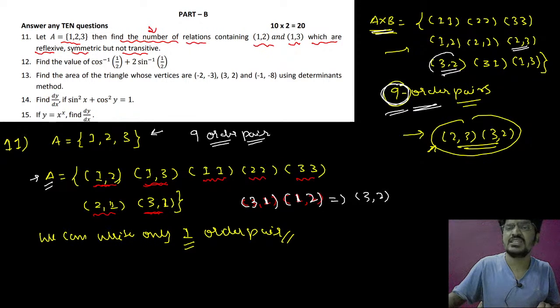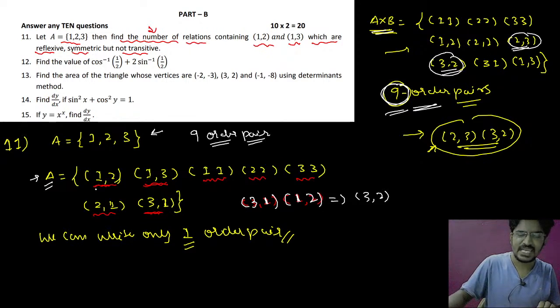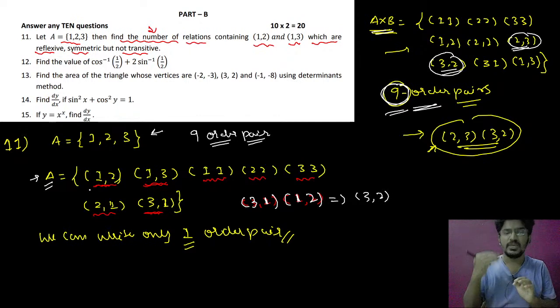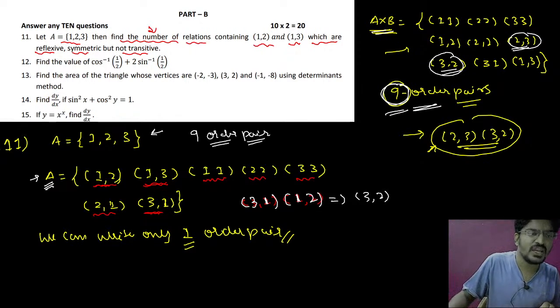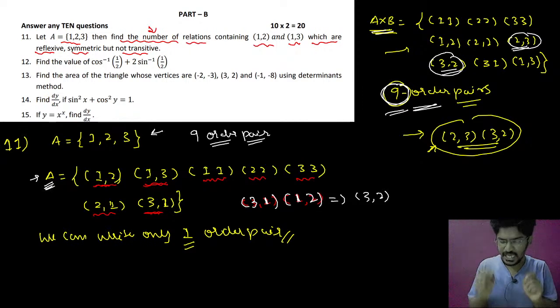If I add these 2 ordered pairs to the set, it is going to be symmetric, reflexive as well as transitive, so I can't add them. That means I can write only one relation on set A. Therefore there is only one relation such that it is reflexive, symmetric but not transitive.